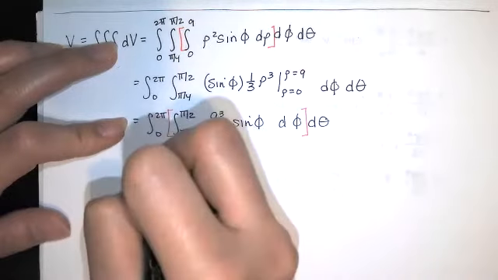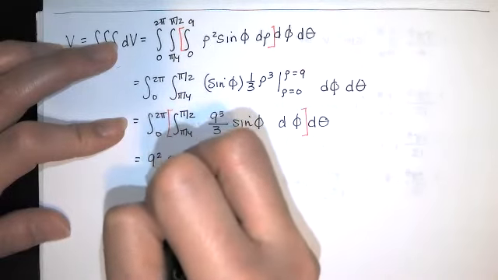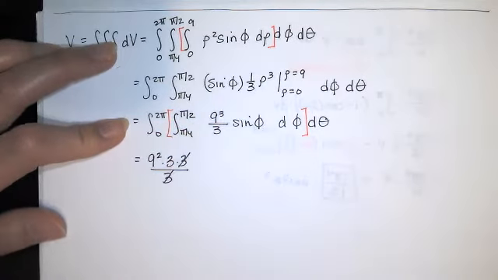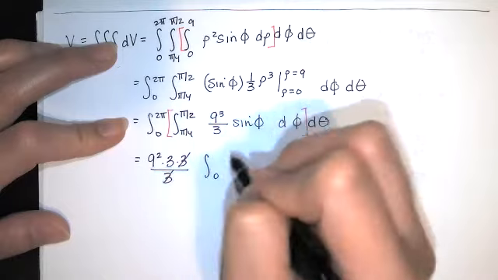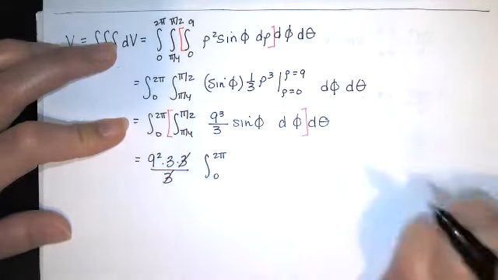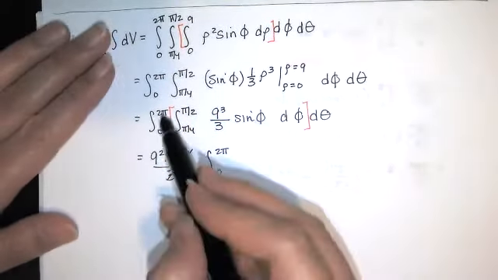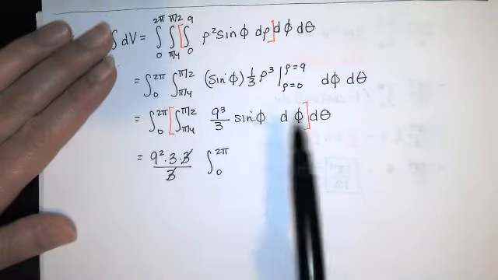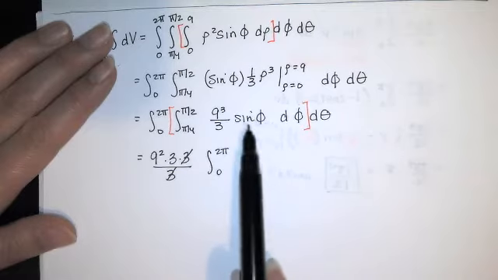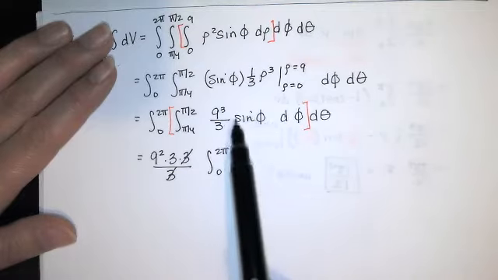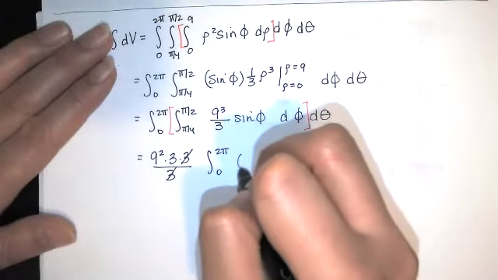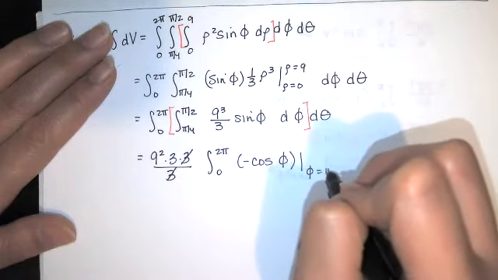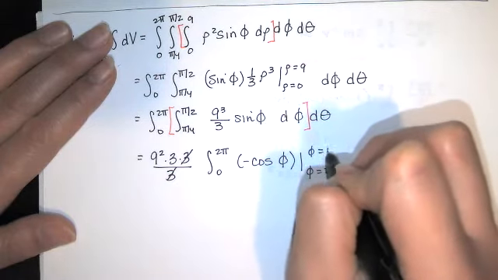And now we want to integrate with respect to phi. Now, this 9 cubed I could write as 9 squared times 3 times 3, just so I could simplify one of those 3's. Then I've got this 0 to 2 pi. And I want to anti-differentiate sine of phi with respect to phi. The antiderivative of sine is negative cosine, and we're evaluating from phi equals pi over 4 to phi equals pi over 2.